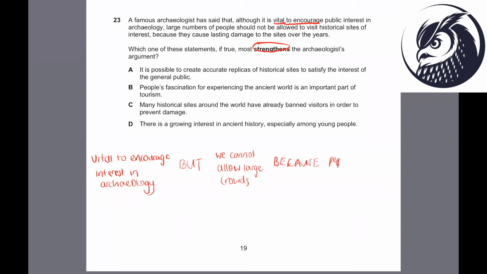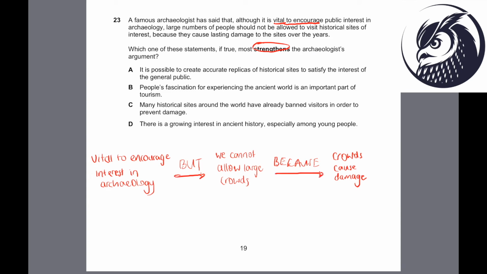Let's just say crowds cause damage, okay?